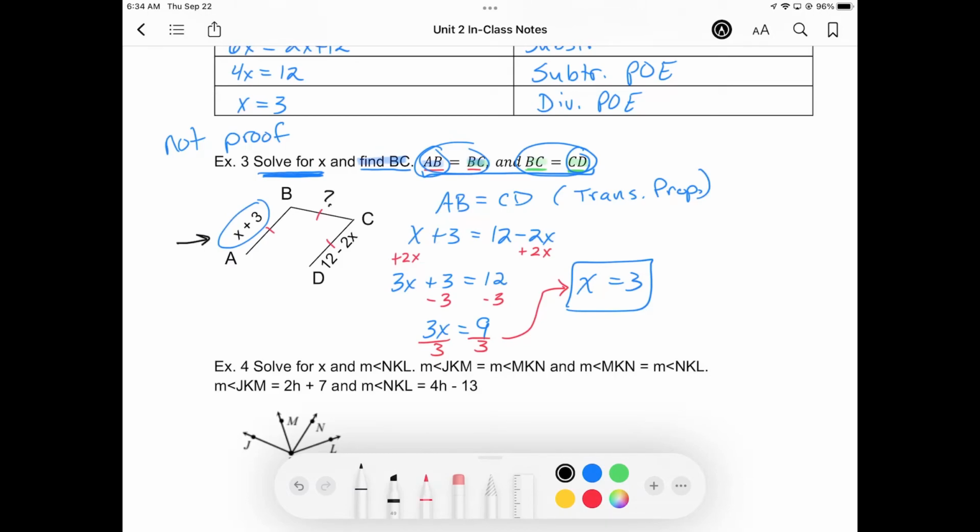I'm going to plug into this one because it's easiest. So BC is actually the same length as AB, which is x plus 3. So I can substitute my value 3 for x into that place where the x is, and end up doing 3 plus 3, which is 6. So the length of BC is 6. And there's the two answers we need to have.